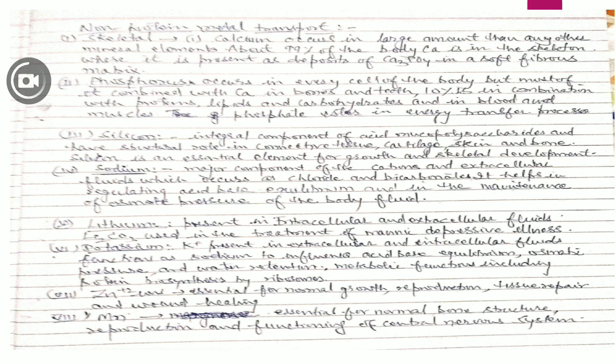Calcium occurs in larger amounts than any other minerals present in any body. 99% of the calcium is present in the skeleton, where it is deposited as calcium phosphate in soft fibrous matrix or tissues.